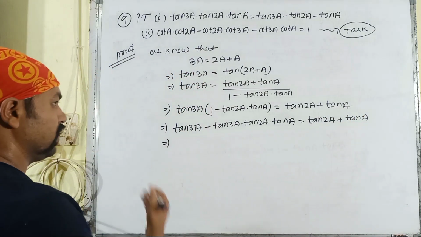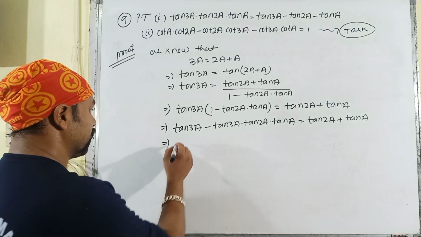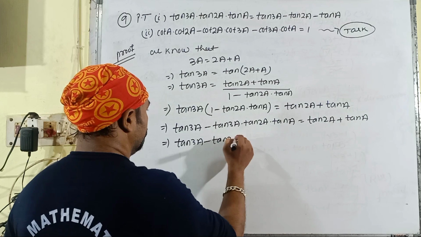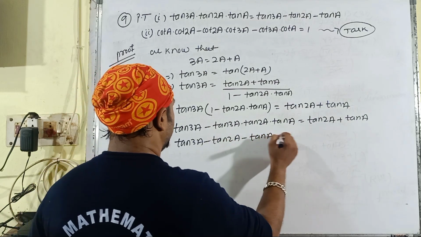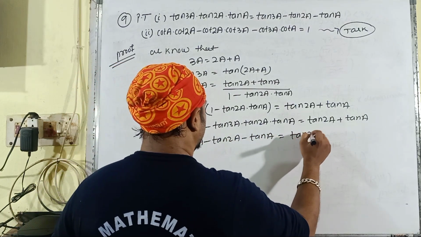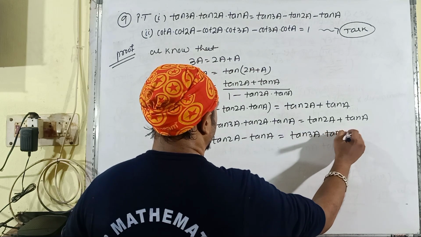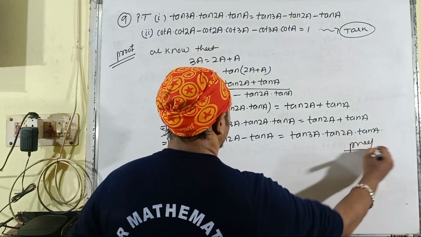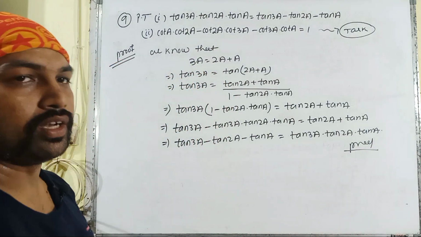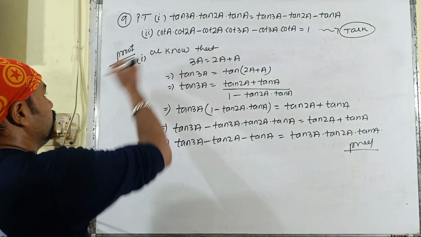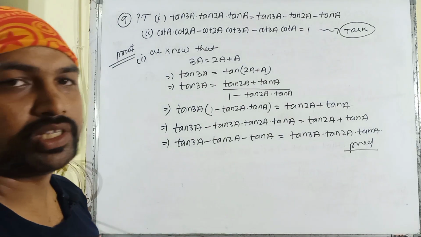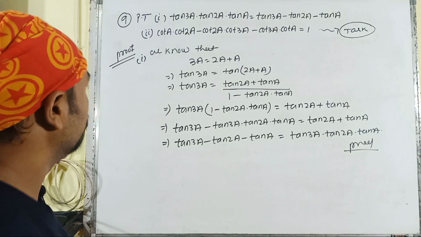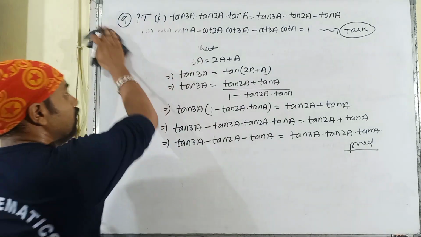Then simplifying and changing the sides of some of the terms here, we are getting tan 3a minus tan 2a minus tan a is equal to tan 3a multiplied with tan 2a multiplied with tan a, and here it is the proof of problem number 9. That is the first bit of problem number 9, and the second bit is the task for you. Then moving to the last problem of this current video session, problem 10.